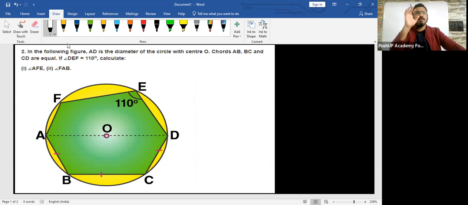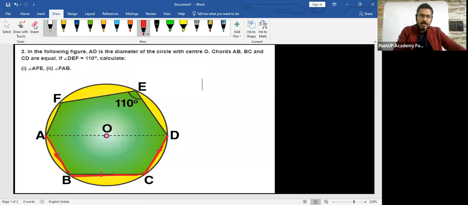All right. Now put your pen down. Relax yourself. Listen to me. I'll teach. So you remember, children, your maths teacher must have taught you this. When three chords are equal in length, all the chords will subtend the same angle at the center and even on the circumference, isn't it?